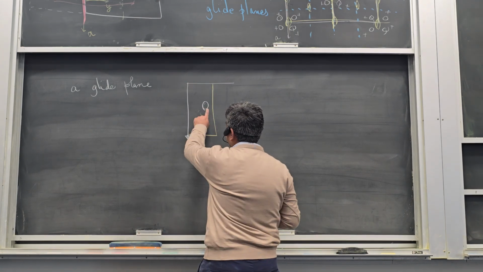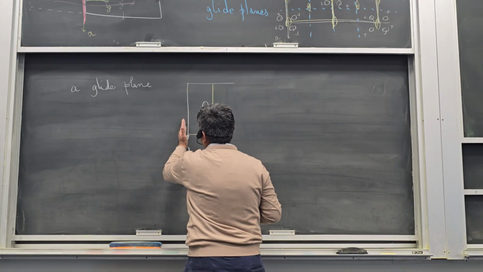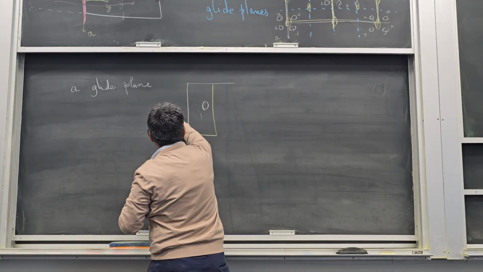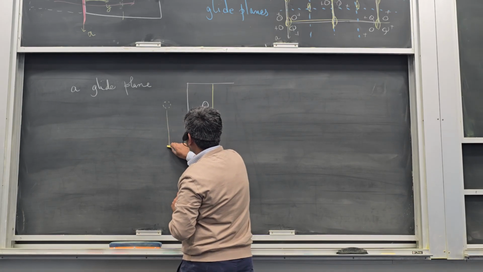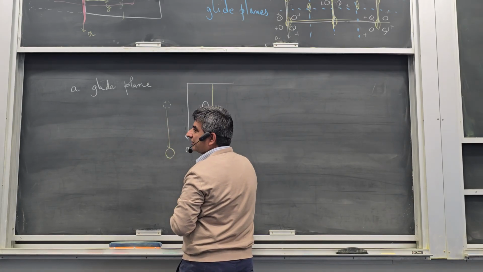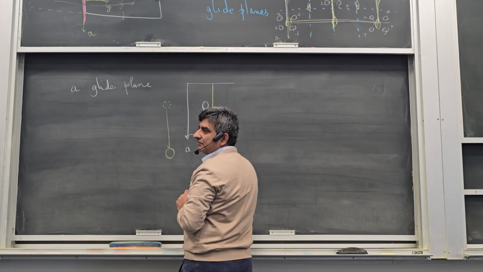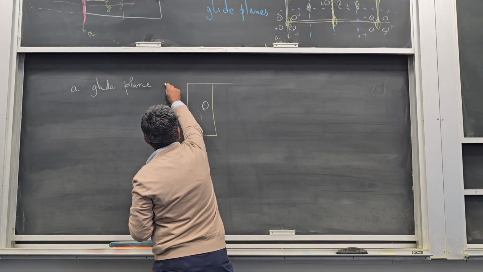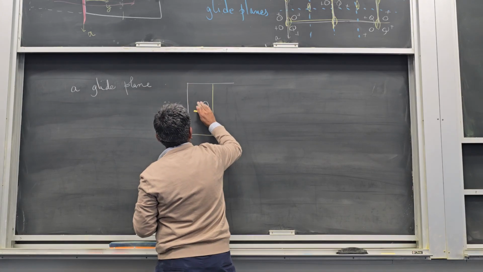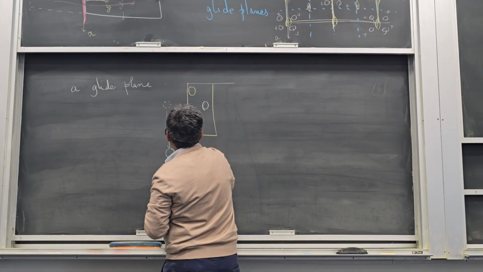A glide plane is you take the image of this about the A-axis and translate by a/2. You land over here. So this point will reflect back, comes here. It gives you a point over here.